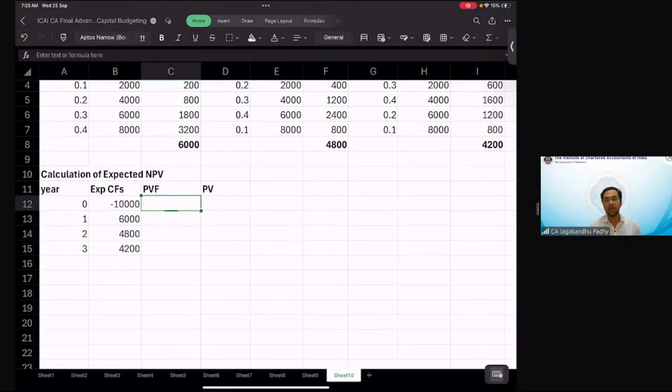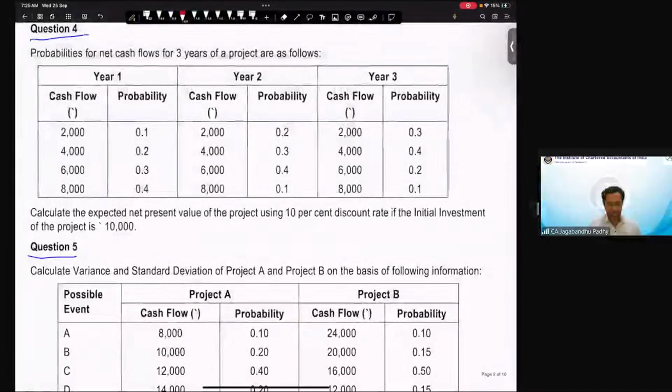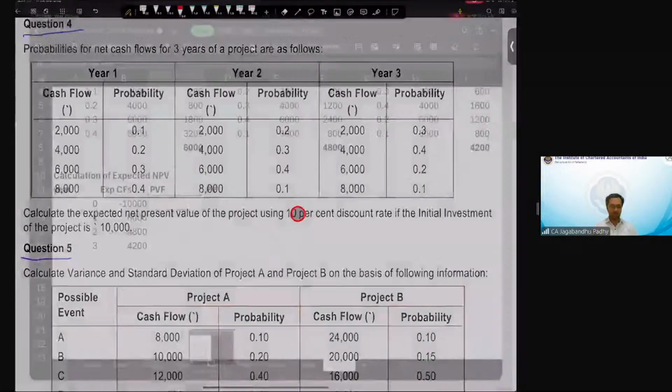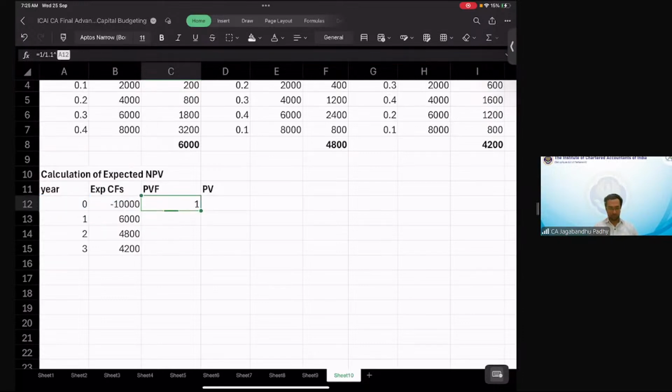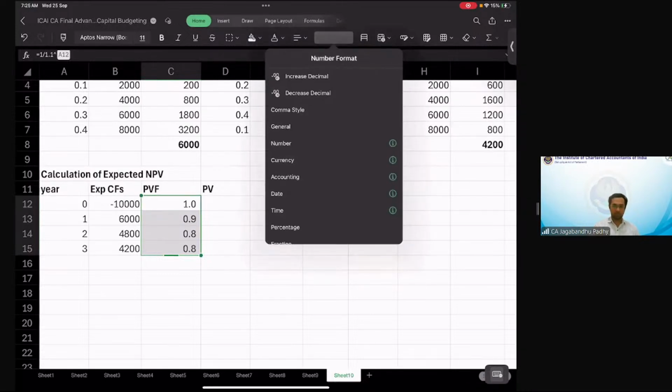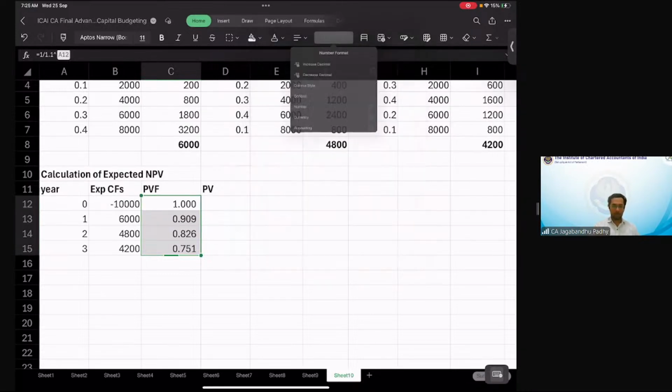Then we write down the present value factors. Now, present value factor will be calculated using a cost of capital of 10%. Right? Since our cost of capital is 10%, I need to get the present value factor. So we'll say 1 divided by 1.1 to the power of number of years, we get the present value factors, right?